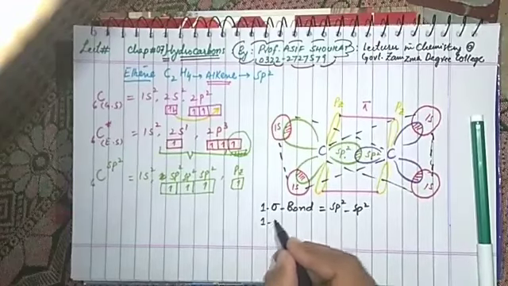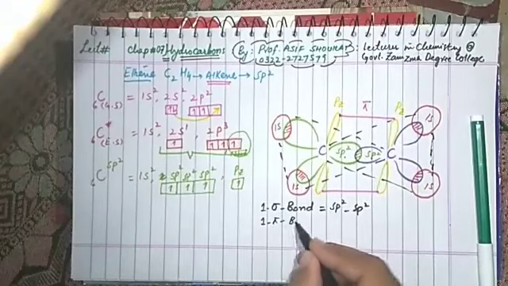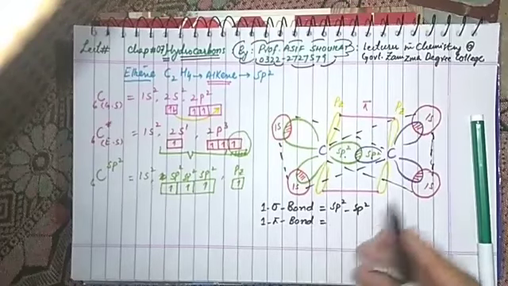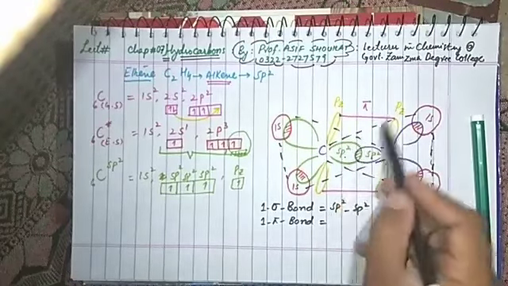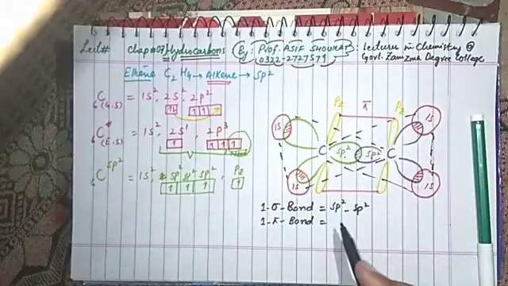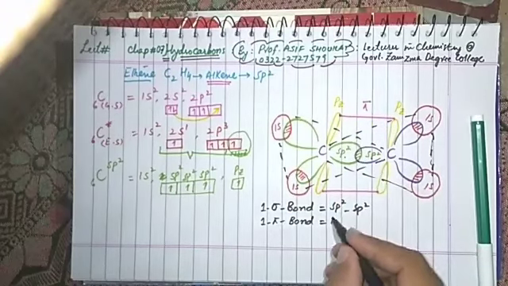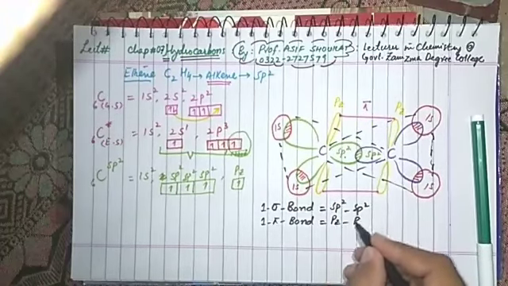There is one pi bond, this one. 2 lines mean one pi bond. It is between pz and pz.